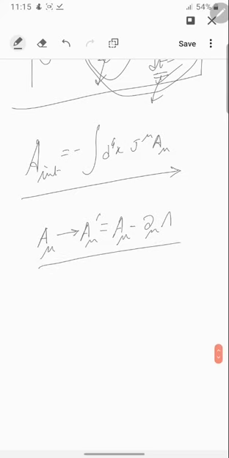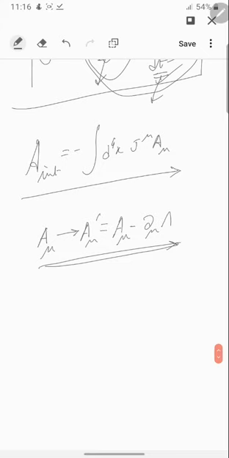This we defined in our last class, and we saw that your electromagnetic field tensor is invariant under this, and we discussed how this transformation does not change the action for the particle and does not change the interaction term, etc.